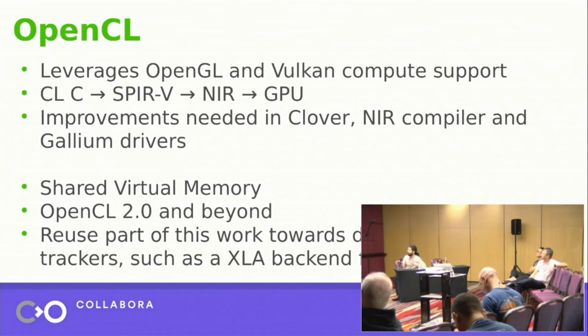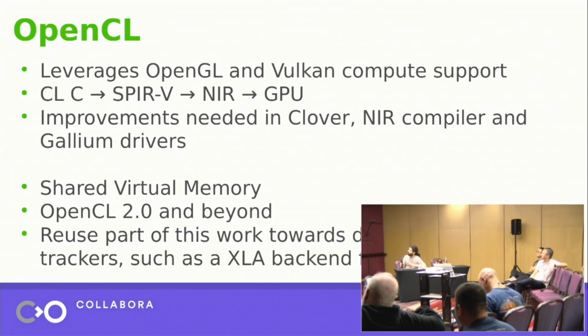This is a more expanded SPIR-V, and we have also some code to convert that to NIR, and the Gallium drivers are already able to consume NIR. They need to be extended for the compute-specific stuff, but that's not that much work, and that's basically the work which is needed.